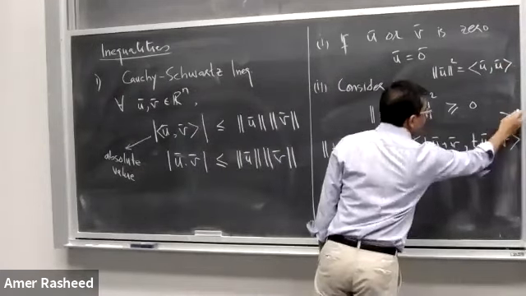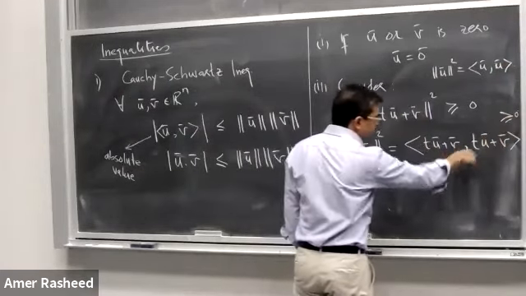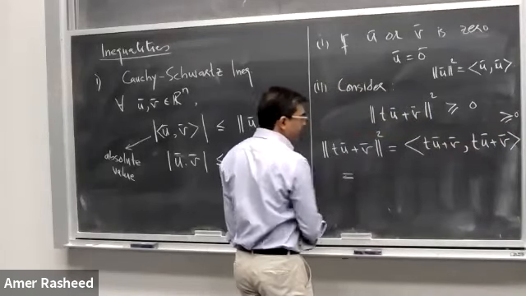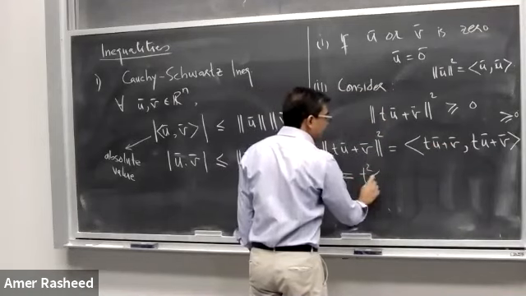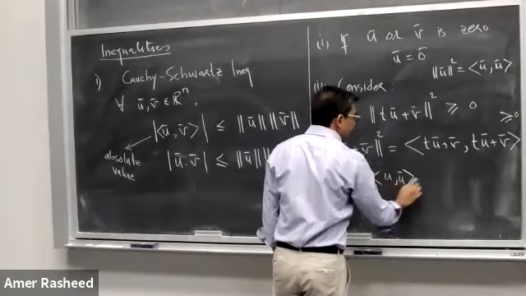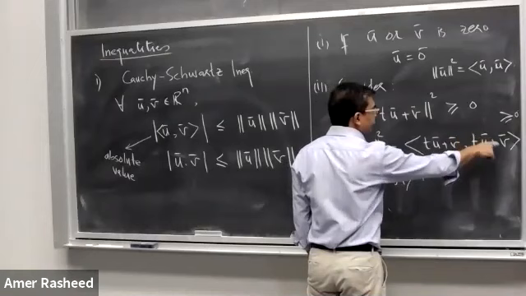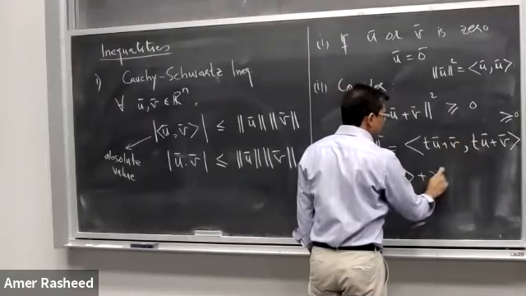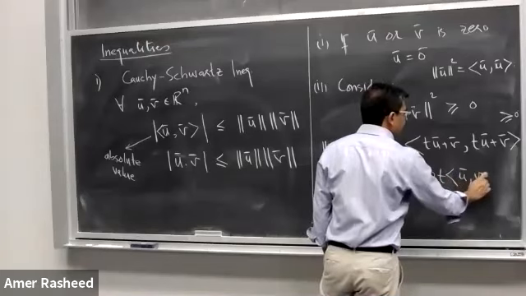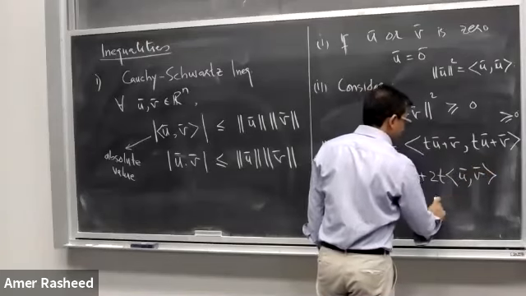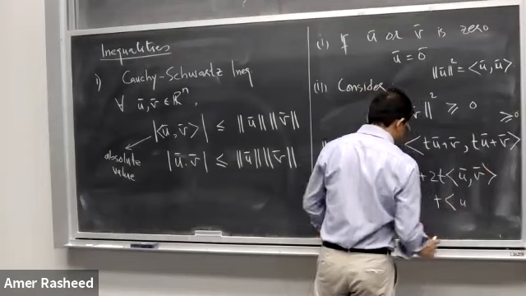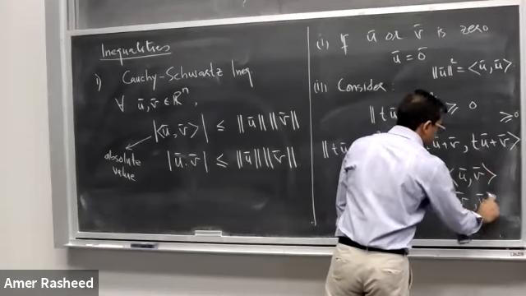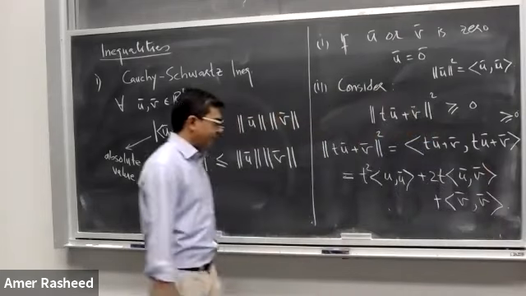Now using the distributivity property of inner product, I can expand this and write it as t square times inner product of u with u, plus tv and vt, which becomes 2 times t times inner product of u and v, plus inner product of v with v. So this is what we have obtained.